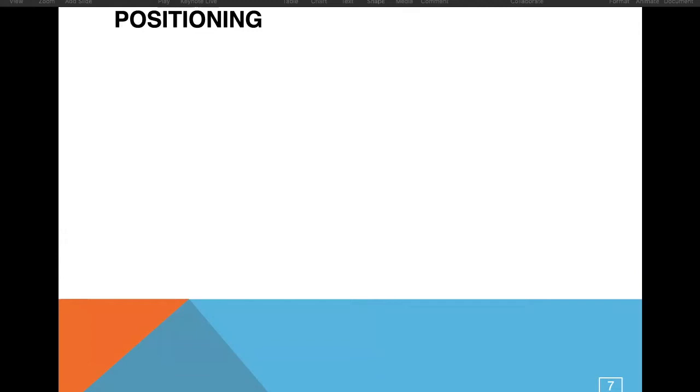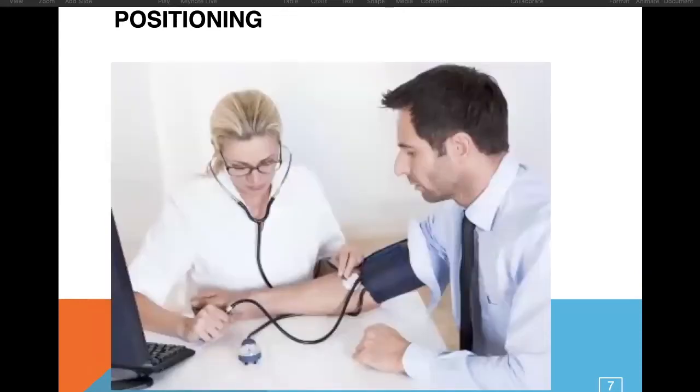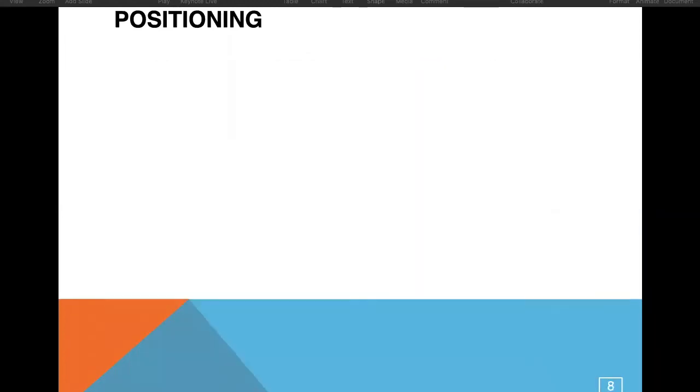How do we want our patient to be positioned for the most accurate blood pressure possible? Well, very similar to this picture. So think about how that patient is positioned, and we're going to talk about the important pieces of this.